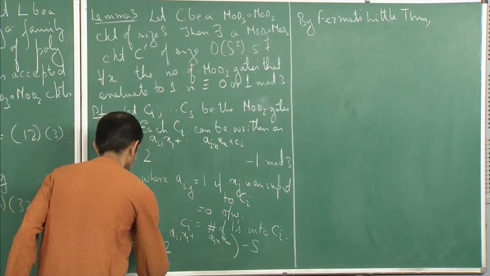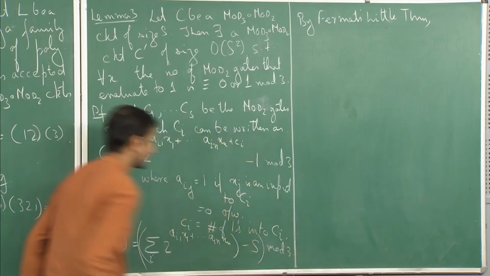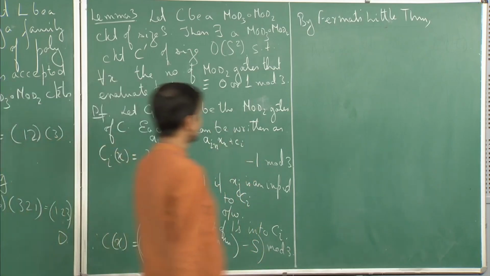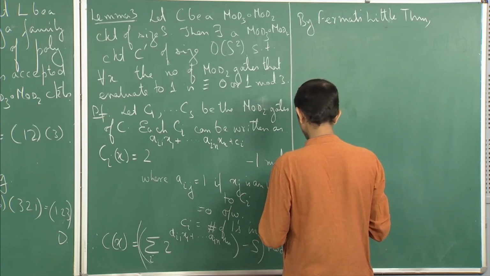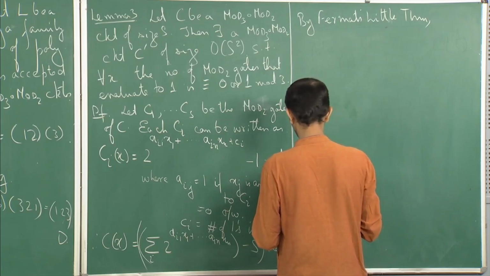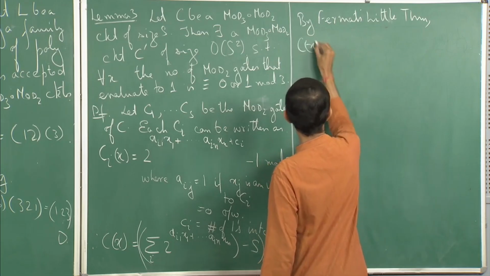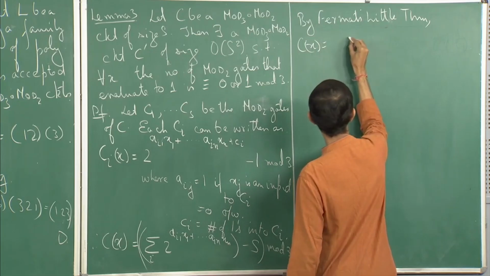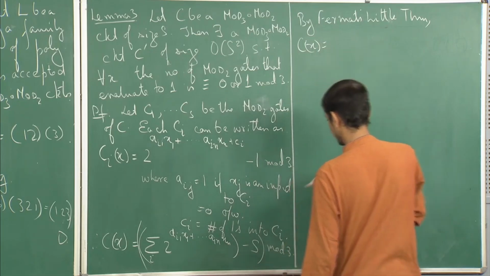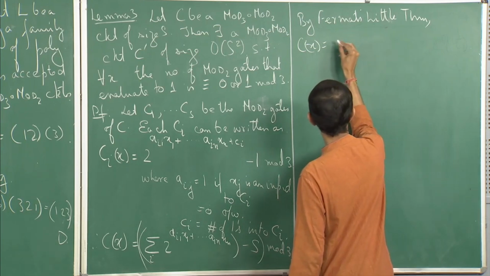So, minus S mod 3. Okay. So, by Fermat's little theorem, what we have is we can write C of x as equal to the square of this mod 3. Okay.